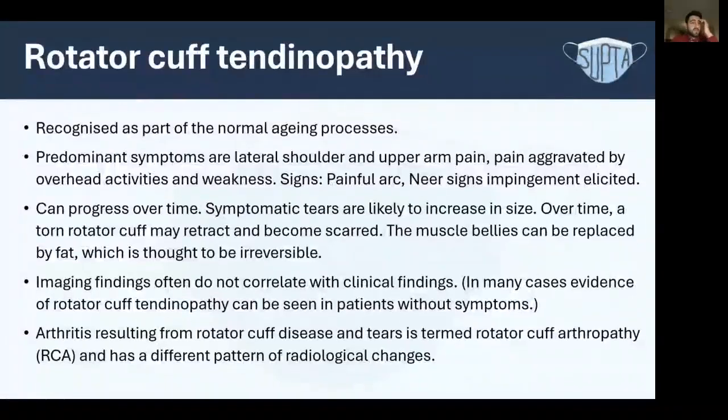Sorry, there was a question in the chat. I don't know if you saw it. No, I haven't. Just let me see. Adhesive capsulitis with rotator cuff. Would AC be painful in all range of motion, and the rotator cuff tear be worsened? I'm not quite sure if I get the question.